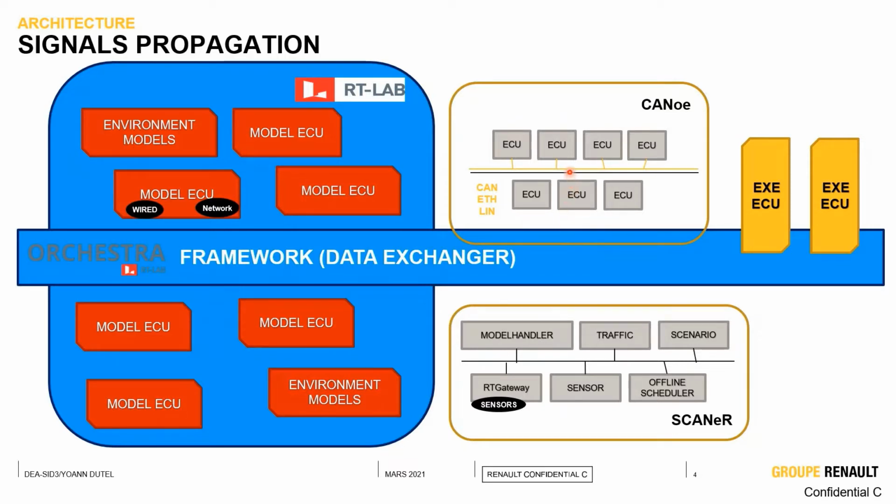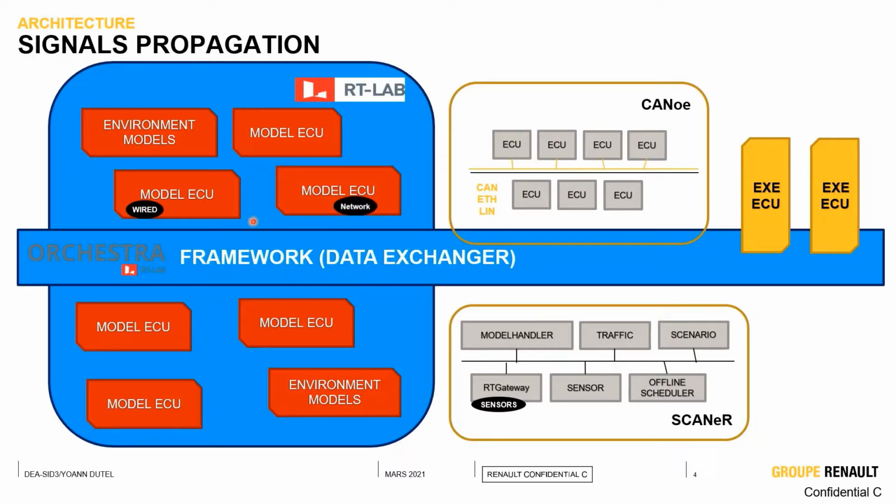CANU exchanges the data inside the CAN, Ethernet or LIN network to reach another ECU. CANU sends it to Orchestra, and Orchestra sends it to the other ECU. So the path is something like this.